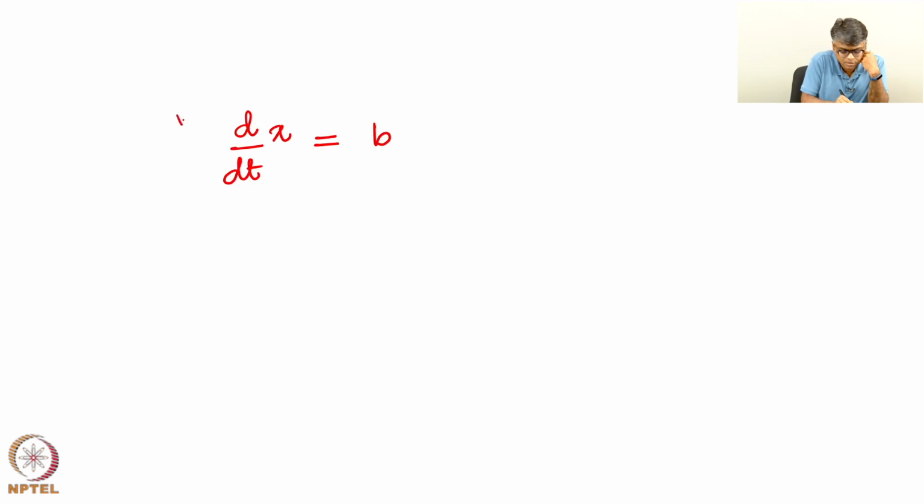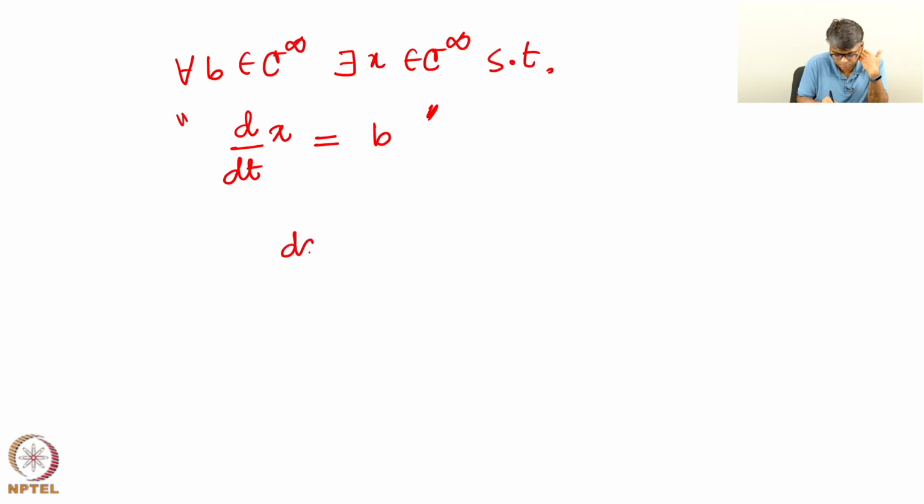What happens there? To make our life easier, I look at this simpler equation, dx/dt is equal to some b. According to the fundamental principle, as long as we are interested in C infinity functions, not compactly supported, for all b in C infinity, there exists an x in C infinity such that this happens. How do you do this? Well, dx is equal to b dt.